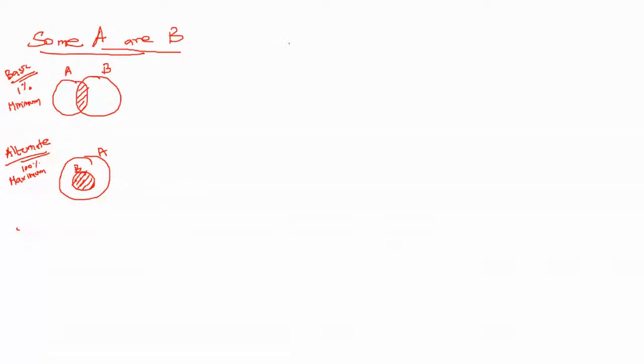And what are the other statements you have? "Some A are B", "all A are B". So how can I represent "all A are B"? I can go with the basic diagram as A inside and B outside.